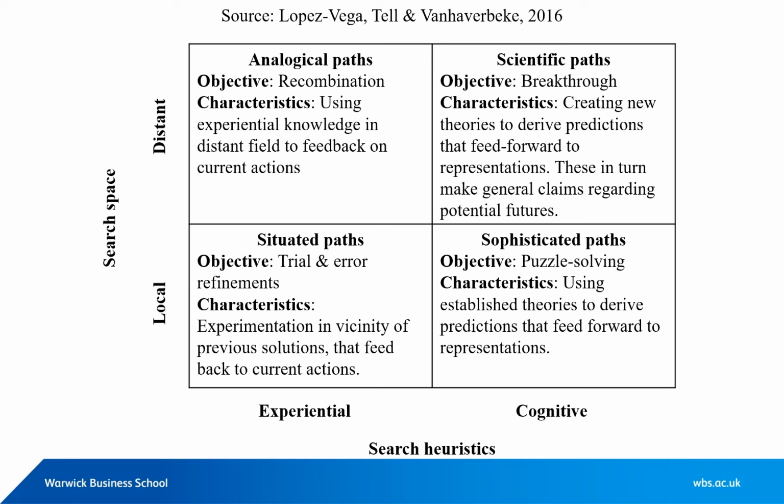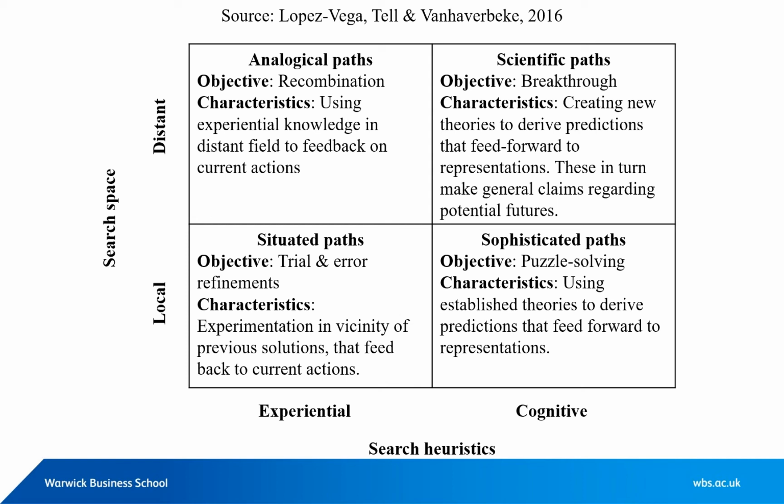Such learning often results in recombination of knowledge from the new technology and the firm's core technology areas. At the end, the firm takes a scientific path when it undertakes cognitive learning in a new technology area. Here, the firm tries to understand the mechanism of the solutions in a new technology area in terms of causation.